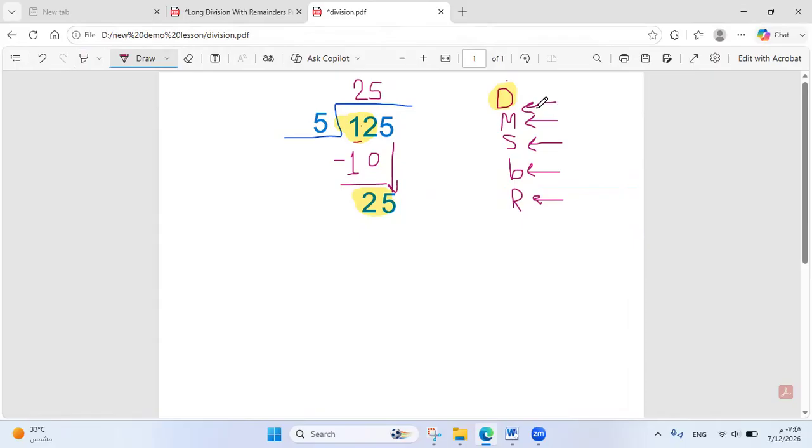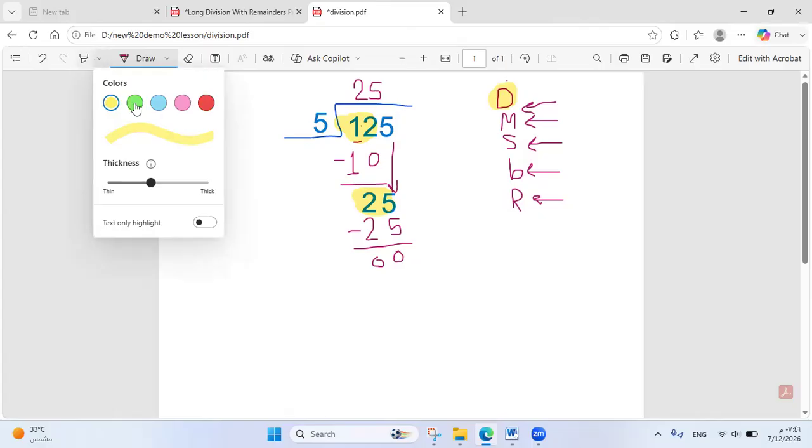Okay, so first we divide, then we multiply. Multiply which number? This 5 by this 5. This 5 by this 5 equals what? 25. So we subtract 25 minus 25, which equals zero. Shall we do anything next? We don't need to do any steps again. There are no numbers to bring down, and no numbers to divide, and the question is finished.